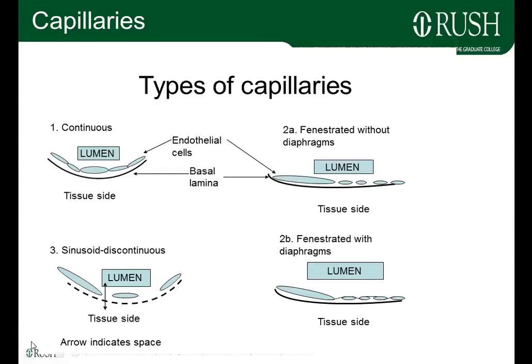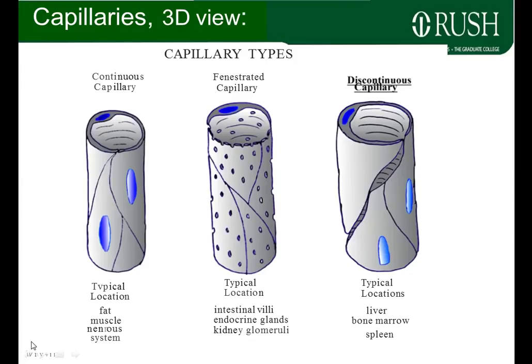In other words, there are literal spaces between the cells that line the wall. Second of all, they often have a discontinuous basal lamina. These are found in places where you need a great deal of exchange between the blood circulation and the underlying tissue, such as in the liver. You see this kind of sinusoidal capillary also in bone marrow.